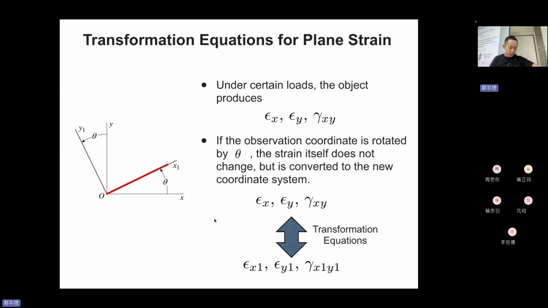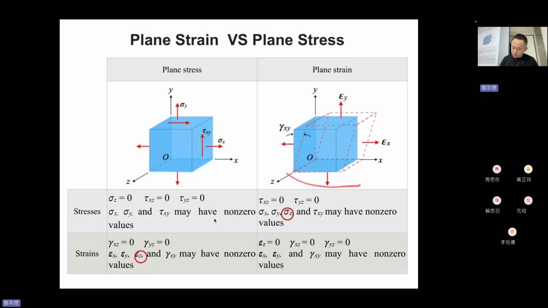Now we're going to do exactly the same for plane strain. Under certain loads, we don't care which, we just say the result under a certain load is that the material produces epsilon x, epsilon y, gamma xy that look like this.